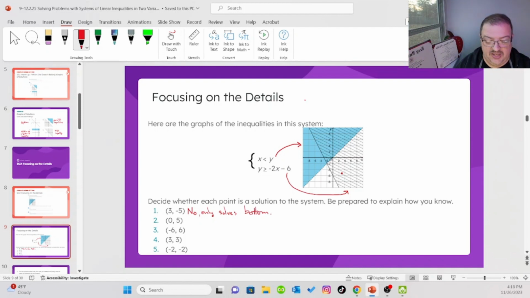Our next point is (0, 5). That means x equals 0, y equals 5, and we're right here on the y-axis. This point is in the blue shaded region and the line shaded region, so it is a solution.